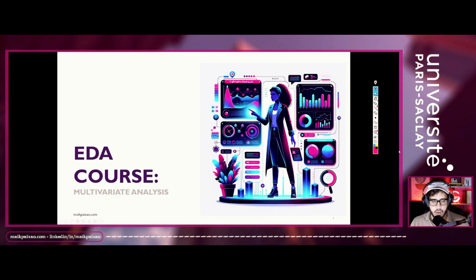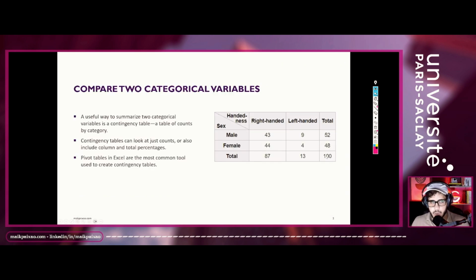So let's continue our course on multivariate analysis, and we're gonna talk about how to compare two categorical variables, as I said in the last class. A useful way to summarize two categorical values in a data set is something called the contingency table.